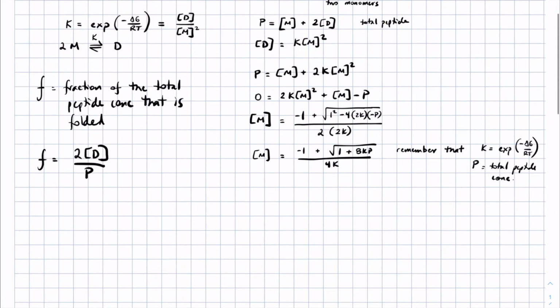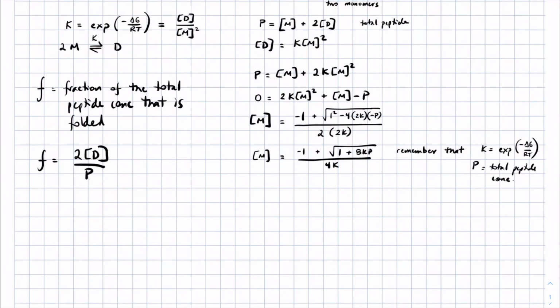And we already know the dimer concentration in terms of the equilibrium constant and M. So F should equal 2kM squared divided by P.